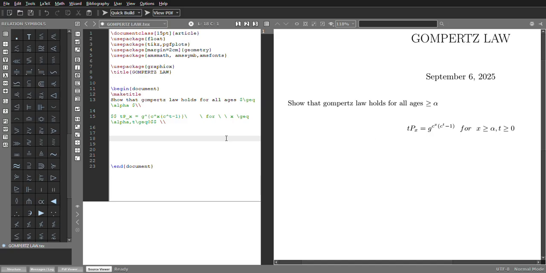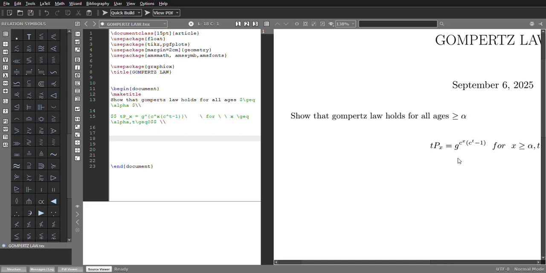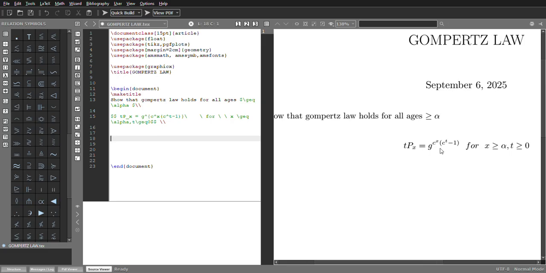So the law always states that the probability of a person currently aged x surviving to the next t years is given by g raised to c to the power x into c to the t minus 1.